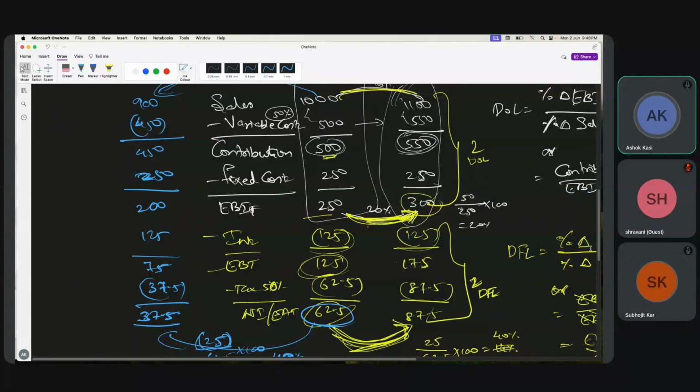Fixed cost example, you just imagine the hotel industry, where a fixed building has been set up. No matter how many people come there to stay, for the company everything is a profit. So during October, November, December, January, February, March, when people travel, the hotel industry makes huge profits at that time, right?